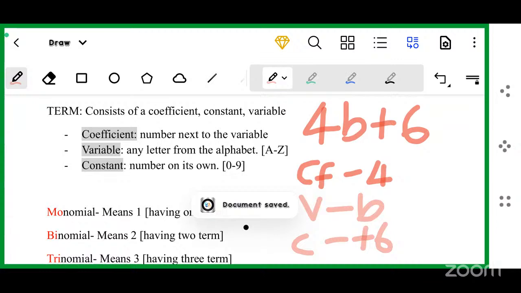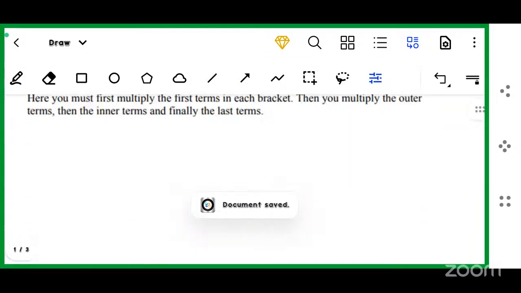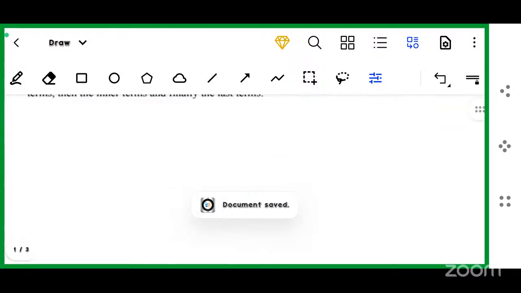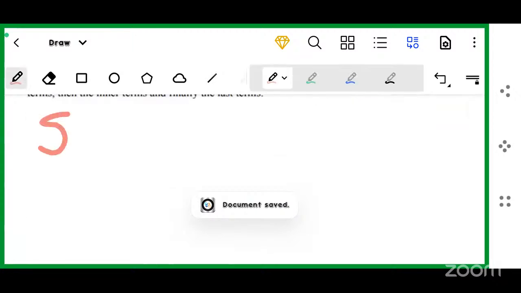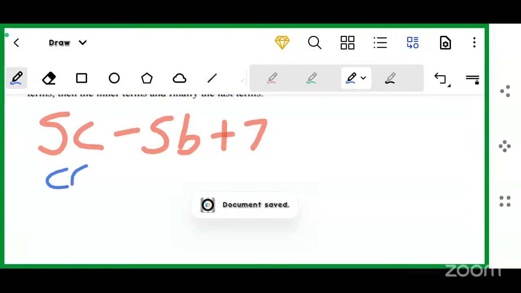For the second one, let's say we have 5c minus 5b plus 7. Which one do you think is the coefficient here?